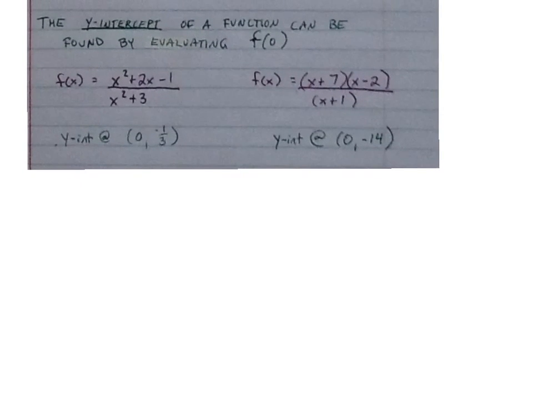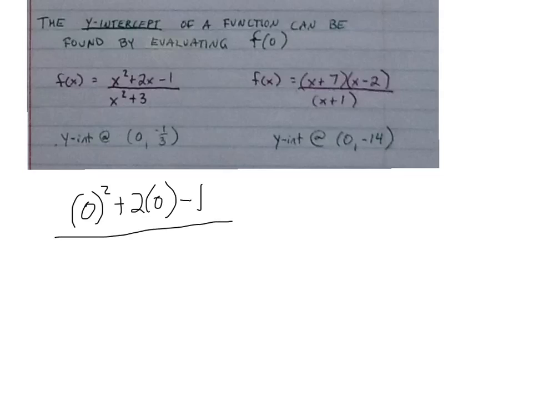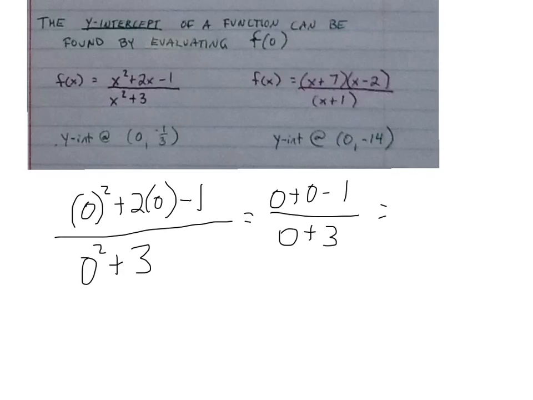So in the first example, we have 0 squared plus 2 times 0 minus 1 all over 0 squared plus 3, which gives us 0 plus 0 minus 1 over 0 plus 3, which is equal to -1/3. So we get a y-intercept at 0, -1/3.